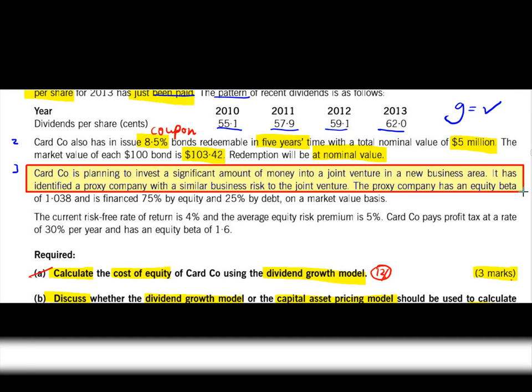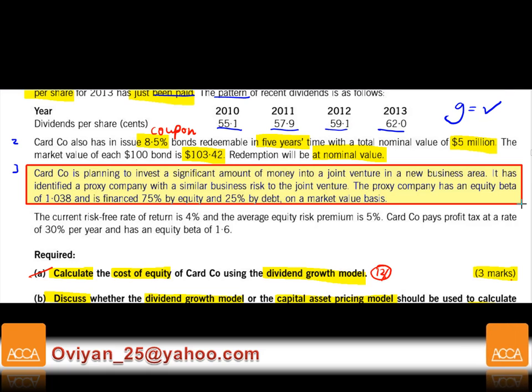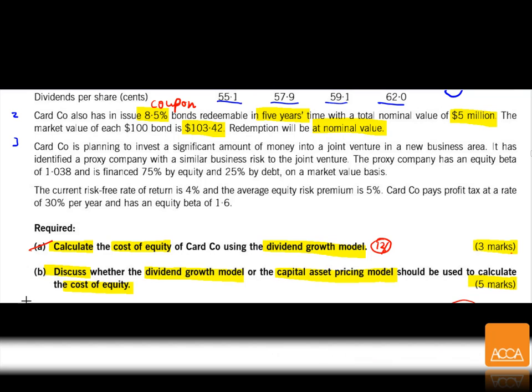The proxy company has an equity beta of 1.038 and is financed 75% by equity and 25% by debt on a market value basis. So this one we will come back and see. This is for you to find your risk adjusted WACC.